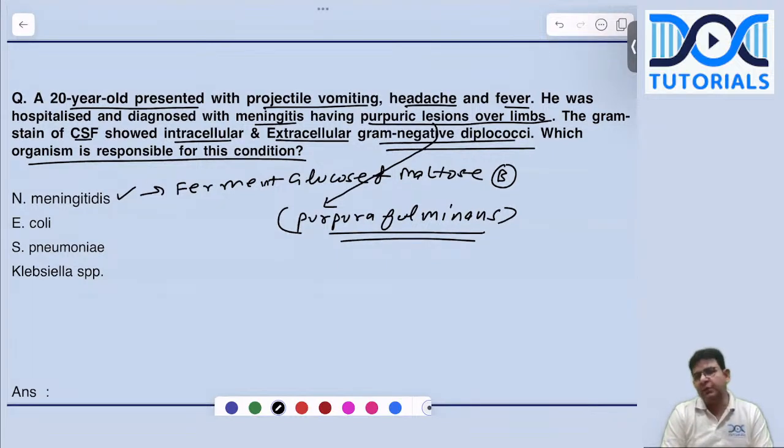So if they're talking about fever, headache, neck rigidity, projectile vomiting along with rash, they're talking about meningococcus. Important regarding pyogenic meningitis, that is bacterial meningitis: the CSF glucose is low, CSF proteins are increased, and neutrophils are very much increased. So the answer is very clear: meningococcus.